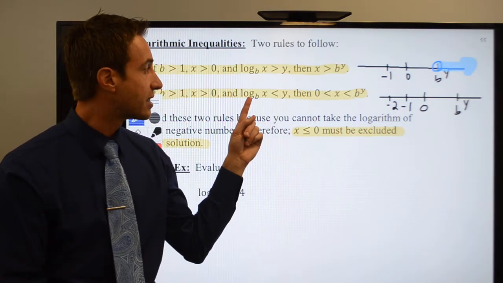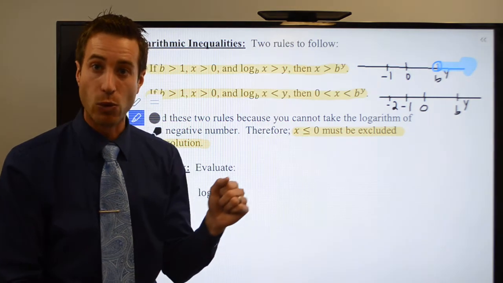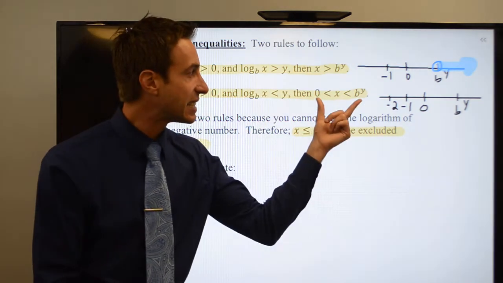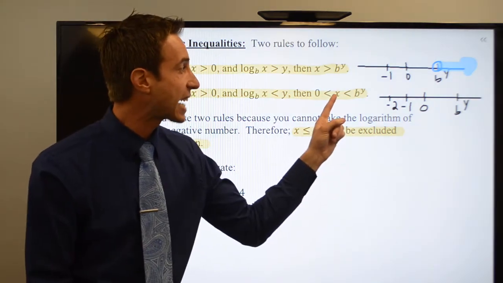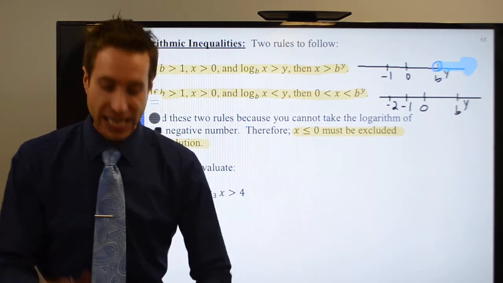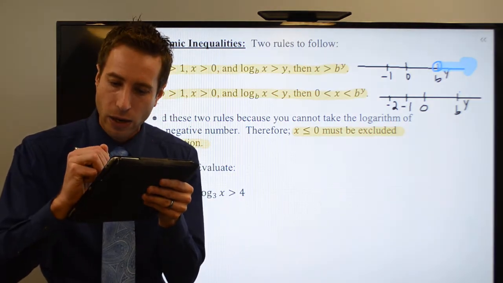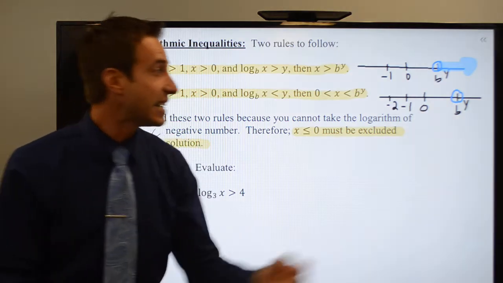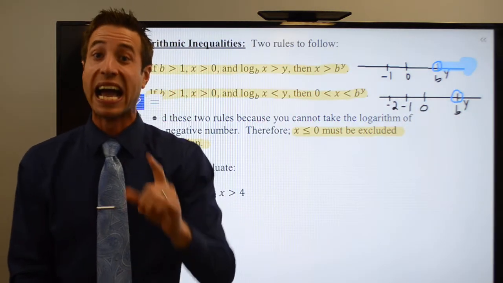But look at the second rule. The second rule says that log base b of x is less than y. And here's why I need this extra little bit in the second rule. This tells me that x is less than b to the y. Here's what that means. I have b to the y right here. I need everything less than b to the y.